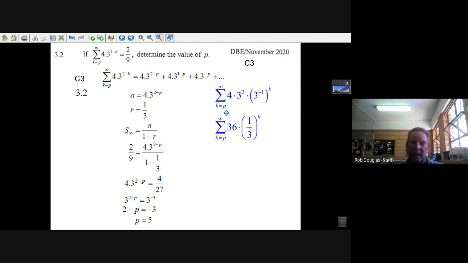I was looking at this question, when you're looking at 4 times 3 to the 2 minus k, I'd like to write that in a different way. I'd like to write 3 squared there, because that's what it is. 3 squared is 9, times 4 is 36. Then your minus k means really 3 to the minus 1 to the k power, and 3 to the minus 1 is really 1 over 3.